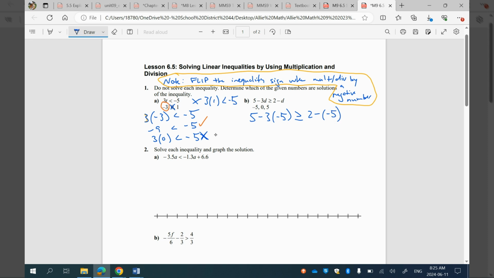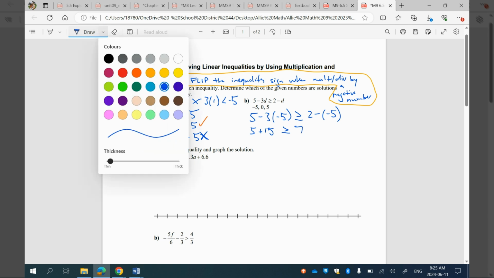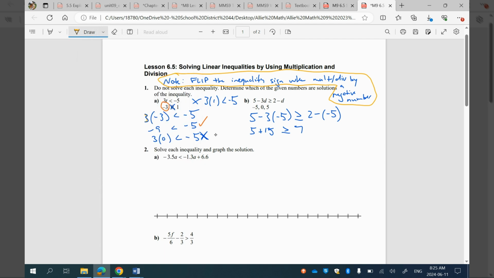Negative 3 times negative 5 is going to give us positive 15. Greater than or equal to, subtracting a negative is like adding a positive, so 7. So is 15 greater than or equal to 7? Yes, it is. So that does work.